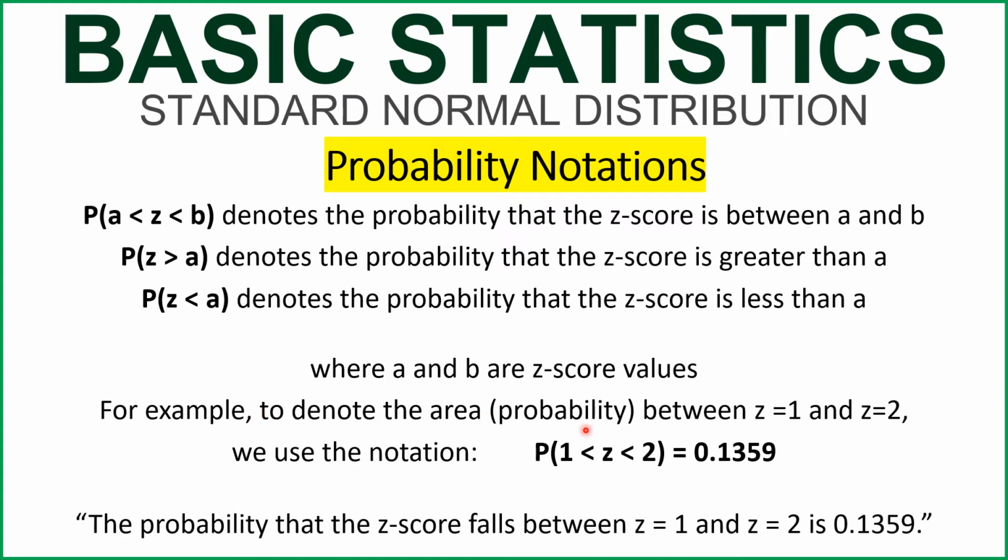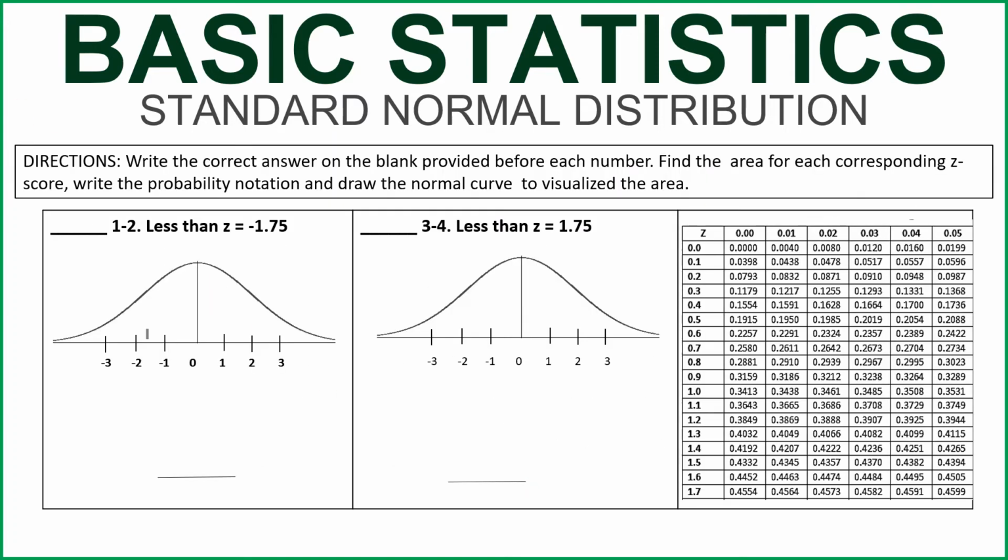So, for example, to denote the area, probability between z equals 1 and z equals 2, we use the notation P, open parenthesis, 1 less than z less than 2, or z is greater than 1 but less than 2. So, paano natin nakuha? Let's take an example on the next slide.